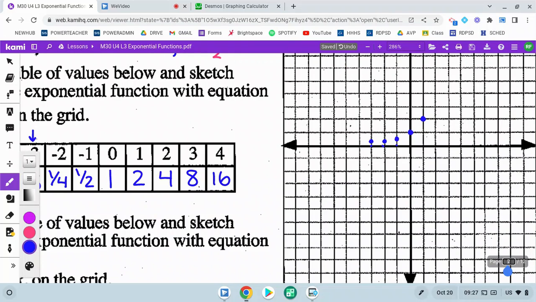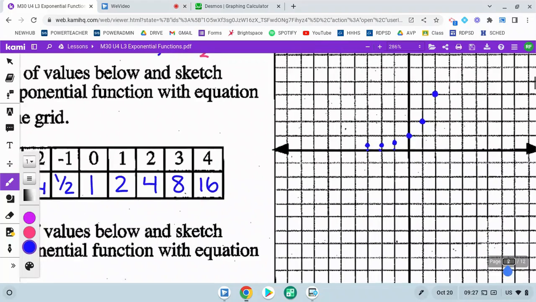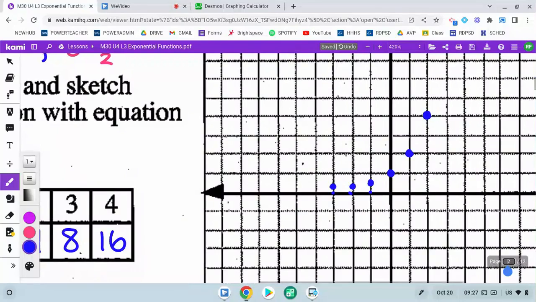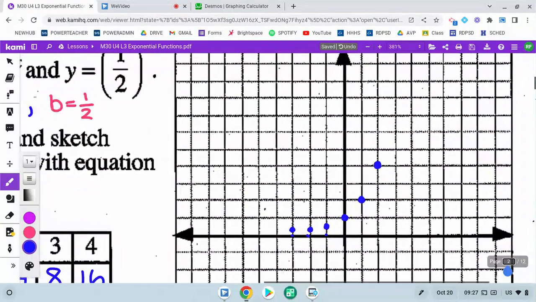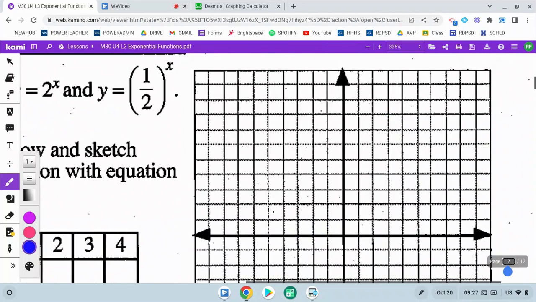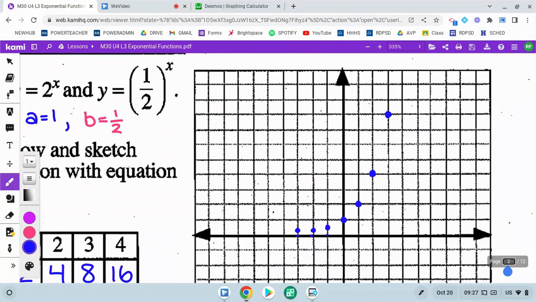Then I have the point 2, 4. Then I had 3, 8. And then my point after that is 4, 16, which is just not going to fit. I only go up to 10 on this scale, or 11, I think. So I can't get any further than that.